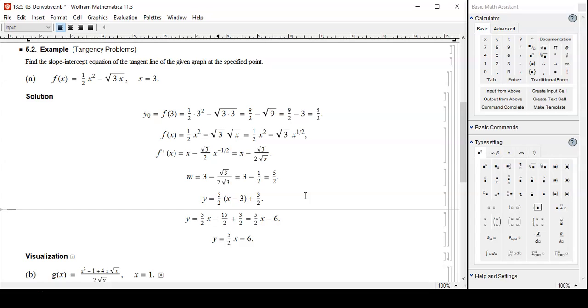I think it sucks, but sometimes you have to do that, especially if you're dealing with machine graders. If you have to do this for a website or something, then you have no choice, because the problem asks you to do it that way. Me, I'm a human, so if you stop here, then you're going to get full credit. No need to simplify further to get the slope-intercept equation. Never mind about that.